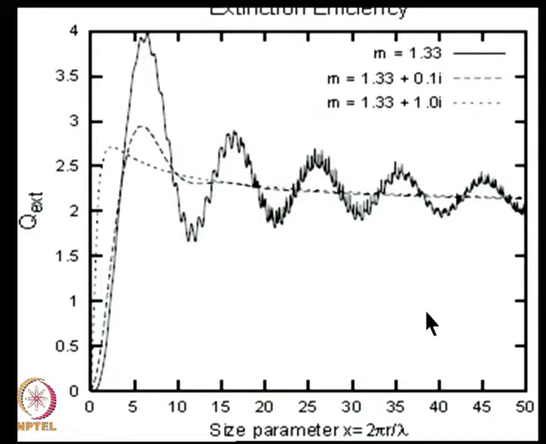And when it is very strong, like here 1.01, the wavy effects are damped out, and as the size increases, initially the extinction coefficient increases and then it gradually decreases. So, this is the behavior of extinction efficiency as a function of size parameter for various values of refractive index.